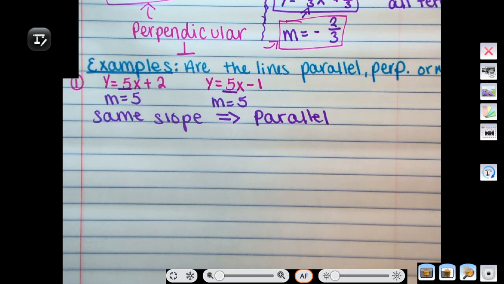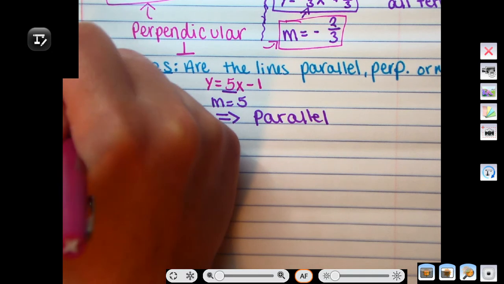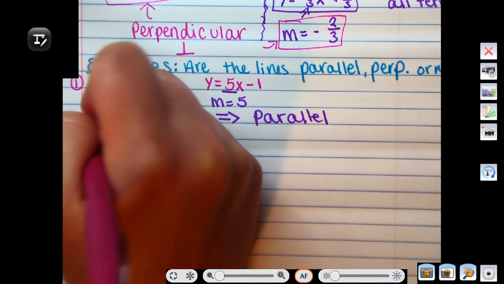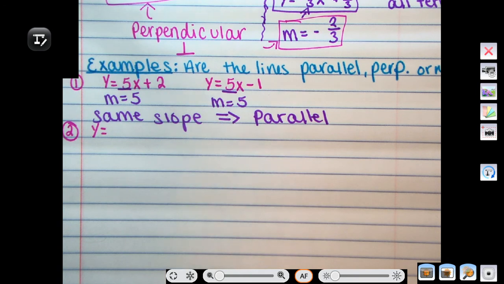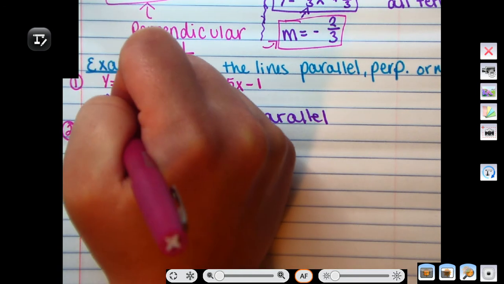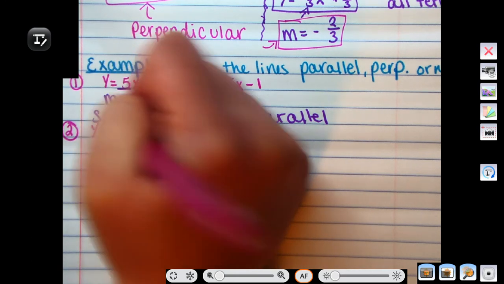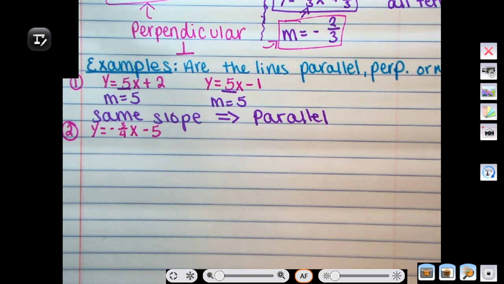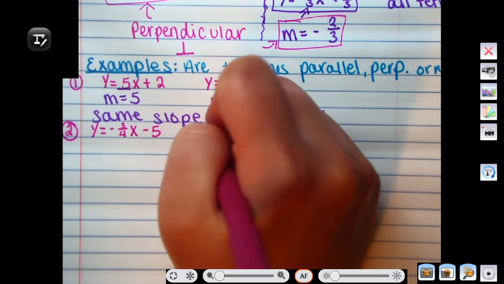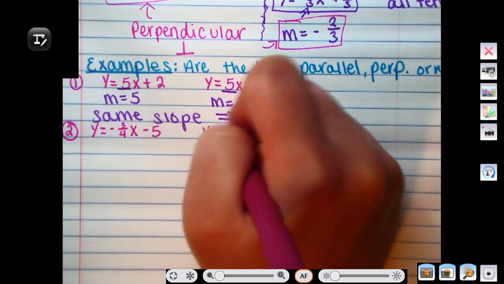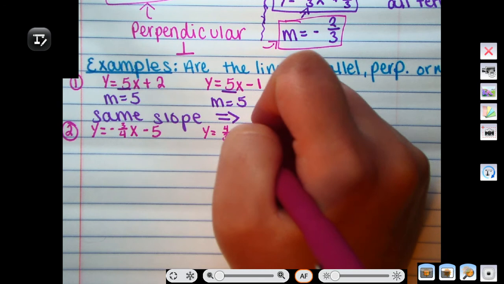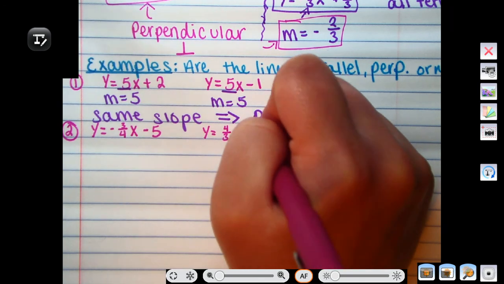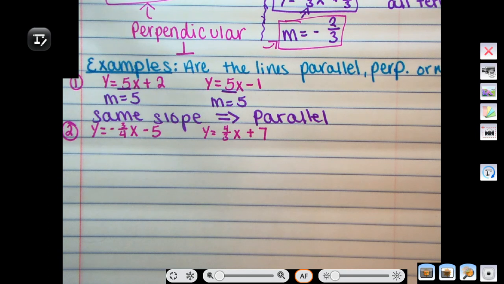Let's look at another one. Let's say we have y equals negative 3/4 x minus 5. That's one equation. And we have positive 4/3 x plus. Okay, so let's identify our slopes first.